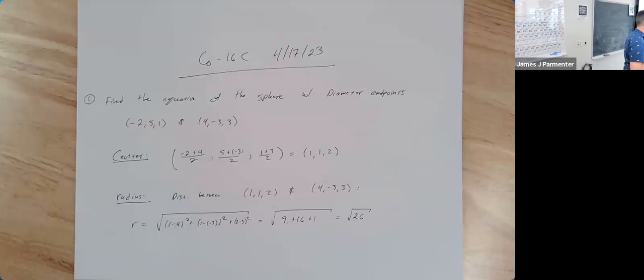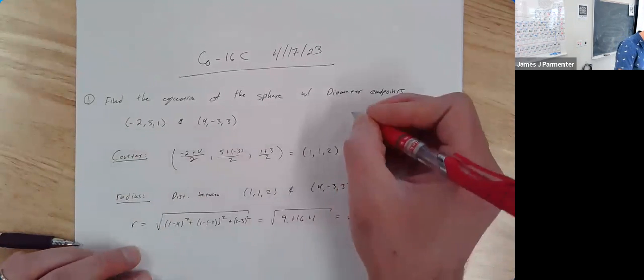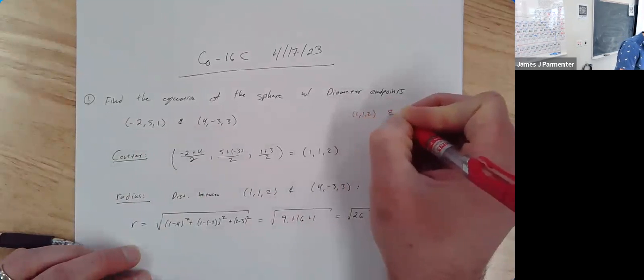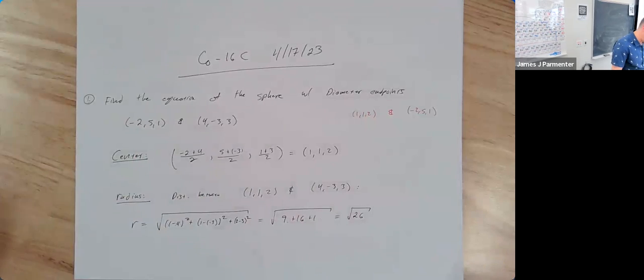Because you used 4, -3, 3, you could have used -2, 5, 1. Yeah, exactly. So just to point that out, if I did the other one, the distance between my center and the other endpoint of the diameter, -2, 5, 1, should give us the same result. Let's check.